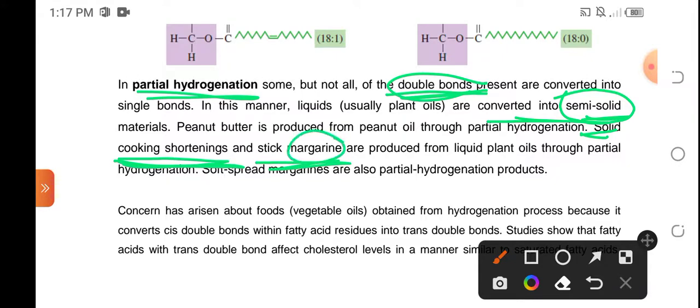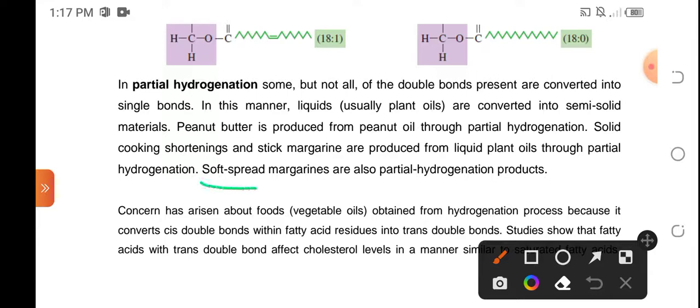So we all know that semi-solid itong mga to. Produced from liquid plant oils, and of course the short spread margarines are also product of partial hydrogenation. So they are all semi-solid materials.